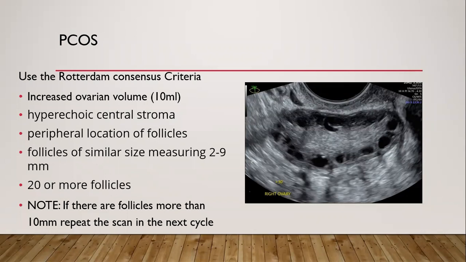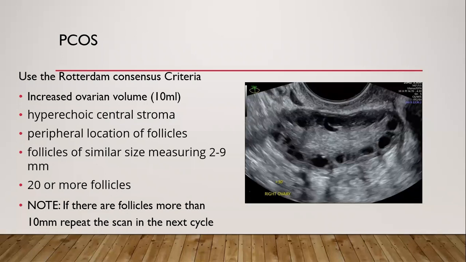Now that literature is being criticized, and what seems applicable now is more than 20. 12 was too little, probably because of the quality of the machines they were using then. Now we're able to see more, with transvaginal scanning. So for now, we are going to use 20 or more follicles in the ovary.